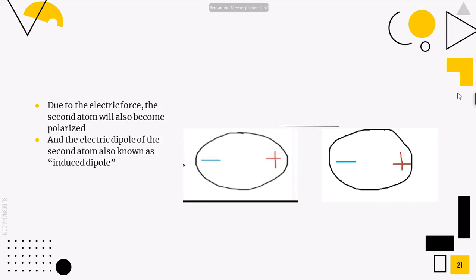Due to the electric force between this and this, the second atom will also become polarized, and it has an electric dipole of its own. We also know this as the induced dipole. They call it the induced dipole, right? There is an electric force because they attract each other.